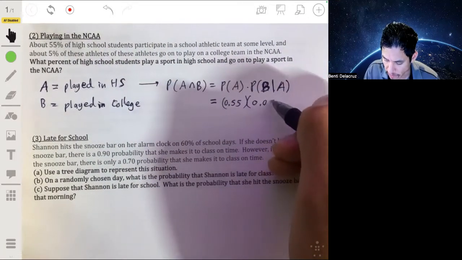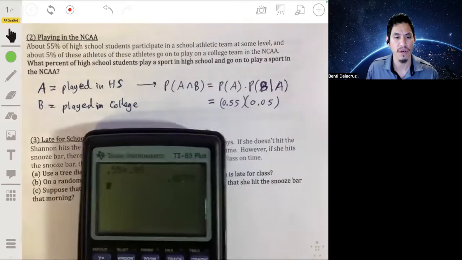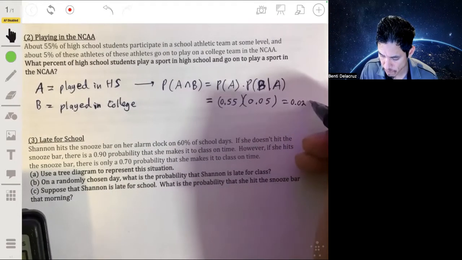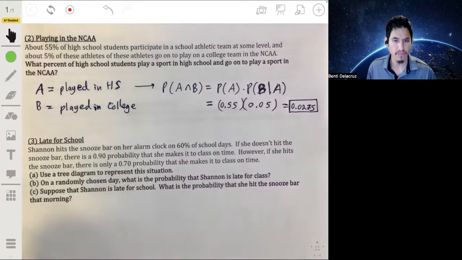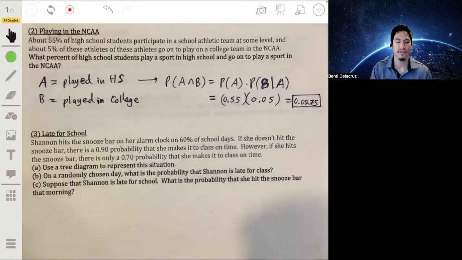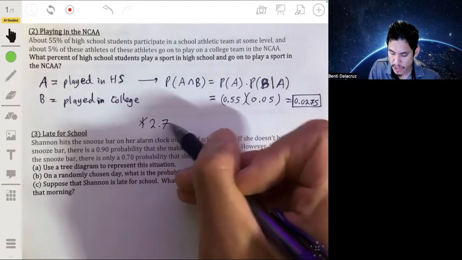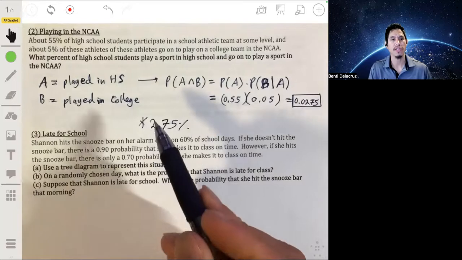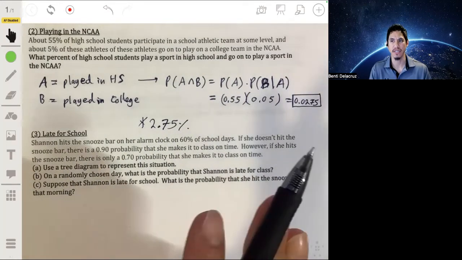So 0.05 times 0.55, we get 0.0275. So in general, we have that 2.75% of all high school students will go on to play a sport in the NCAA.